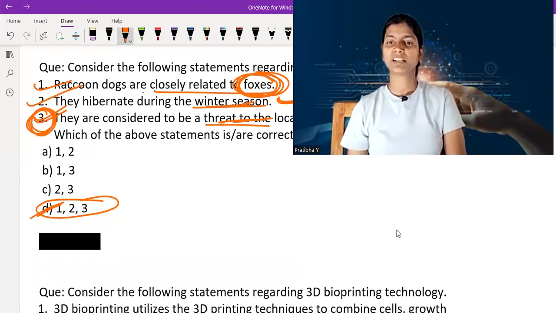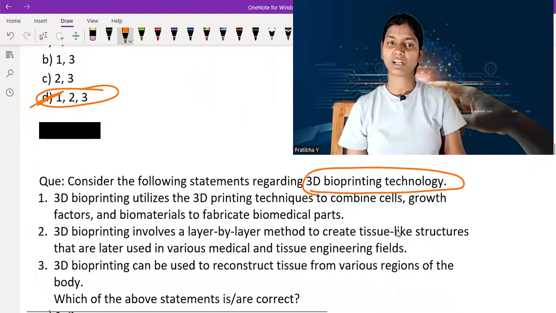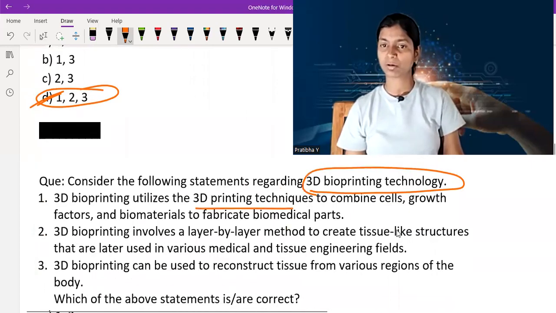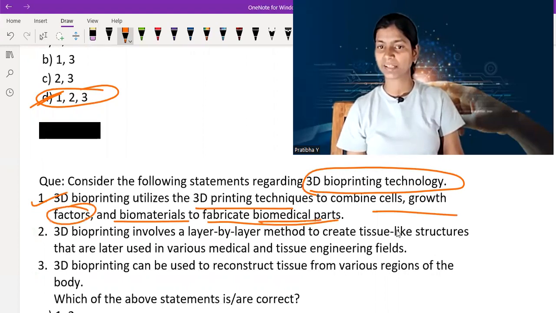Consider the following statements regarding 3D bioprinting. 3D bioprinting utilizes the 3D printing technique to combine cells, growth factors and biomaterials to fabricate biomedical parts.